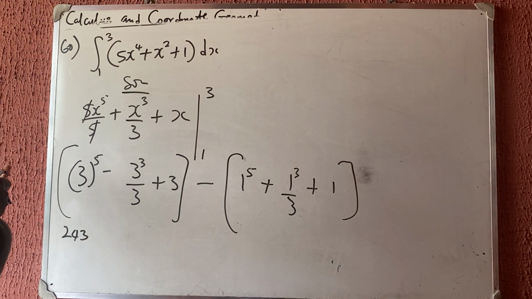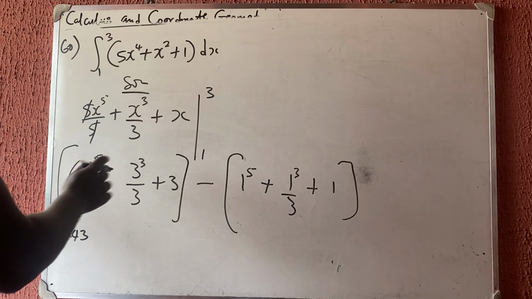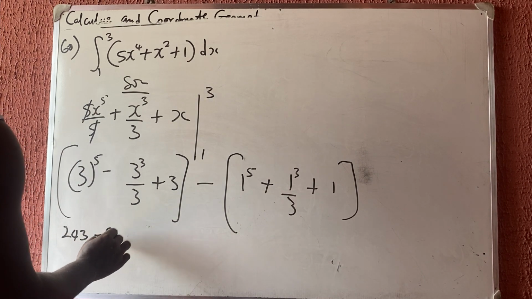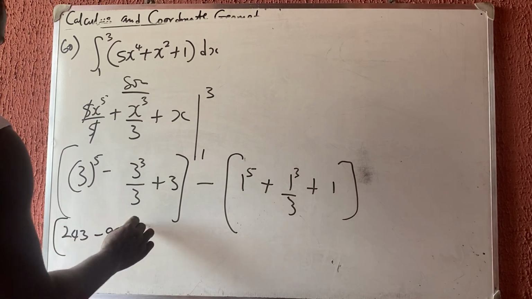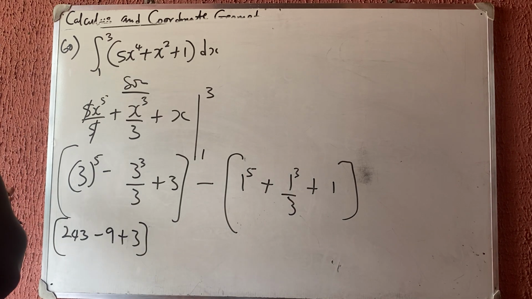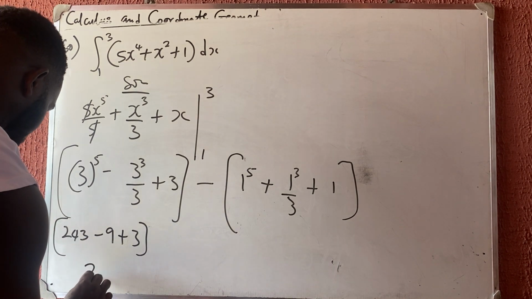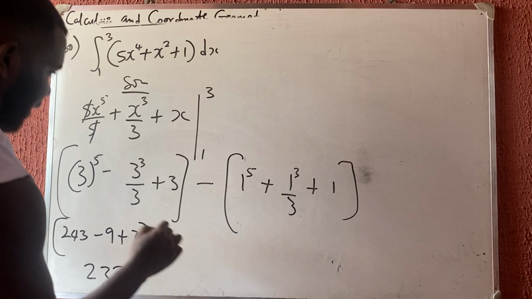Then 3 raised to power 3 is 27, over 3 gives 9. So minus 9 then plus 3. This is giving me 237 here.